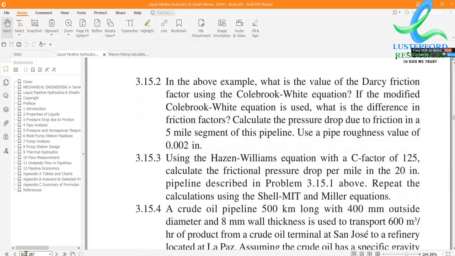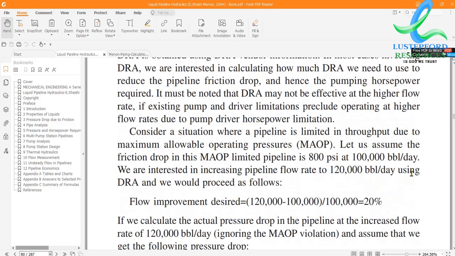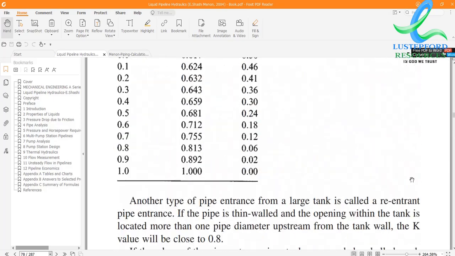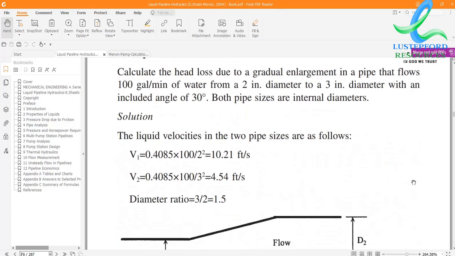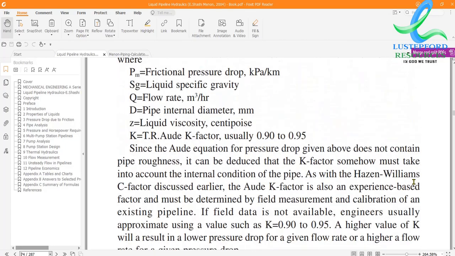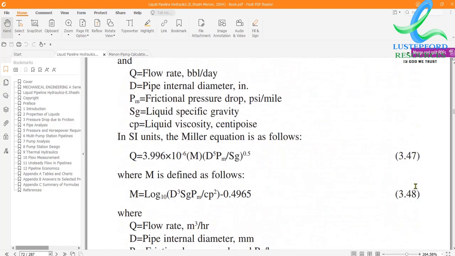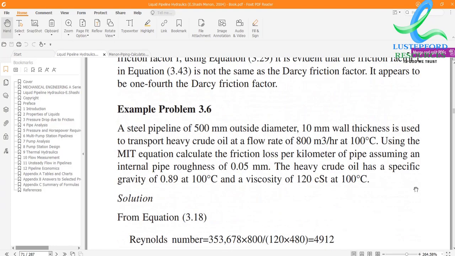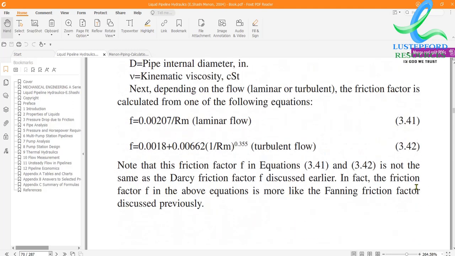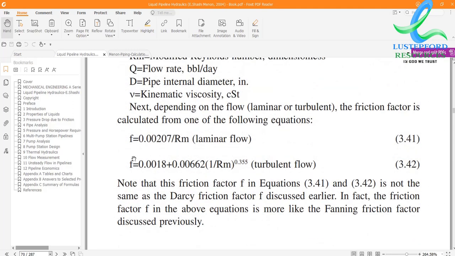The page number is 82. For turbulent flow, okay, it's correct.